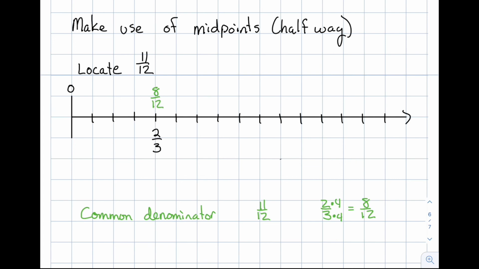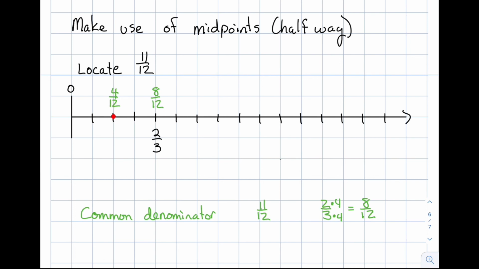So in this case, I notice that my numerator is an even number. And so if I can just partition into 2 equal parts, I can find the halfway point right here. So half of 8 is 4, so this will be 4/12.